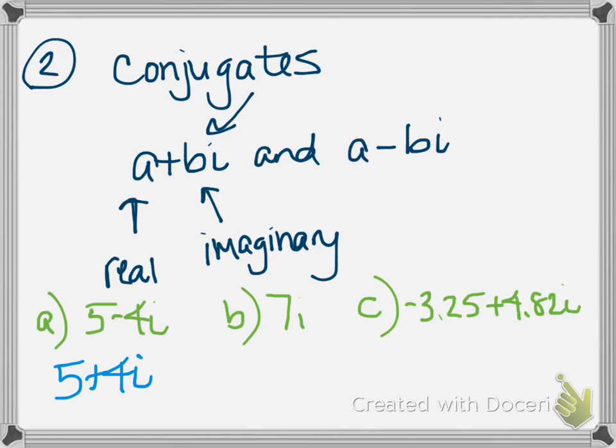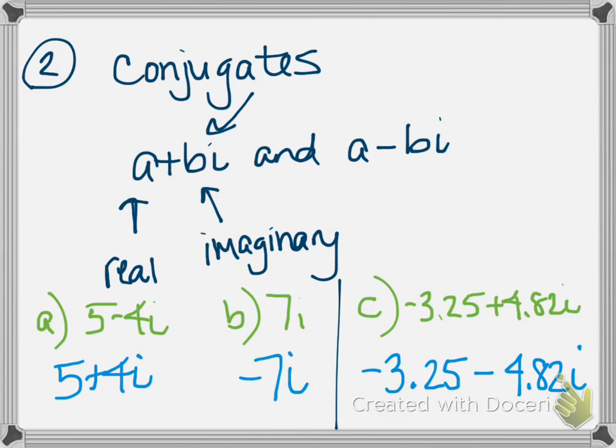This would be, the imaginary part is only here, not the real, so I have to change the imaginary to negative. So negative 7i. And C, the real part stays, negative 3.25, and the imaginary part switches, so from positive to negative, 4.82i. And those are your solutions for number 2, A, B, and C.